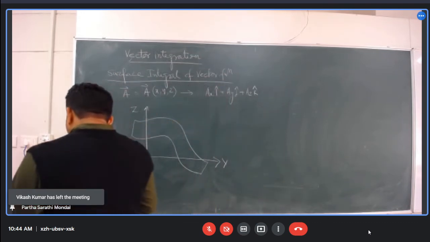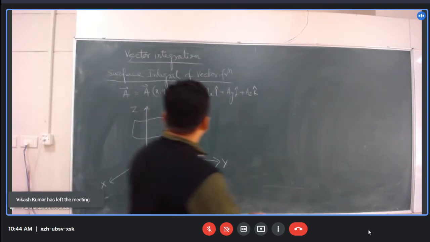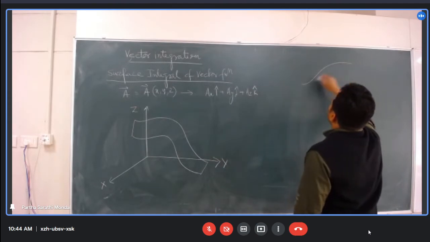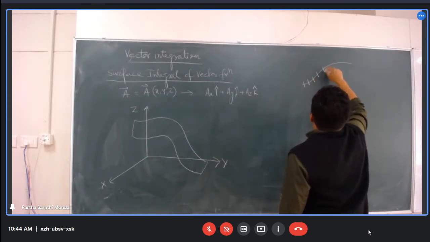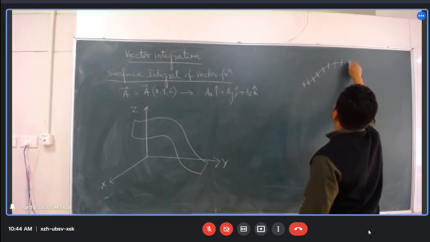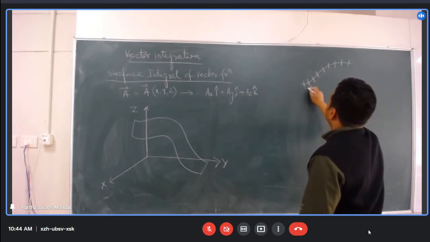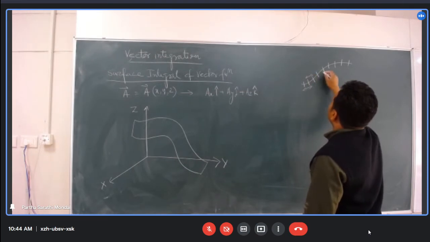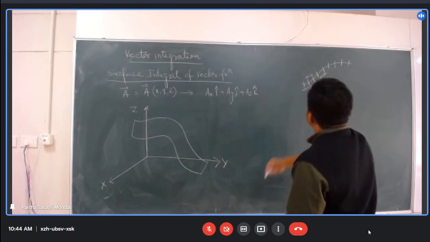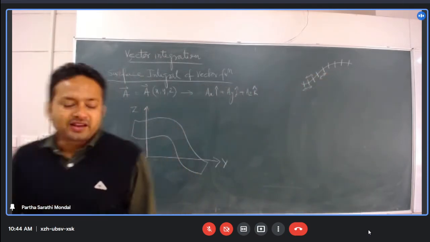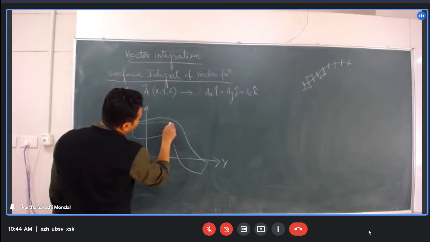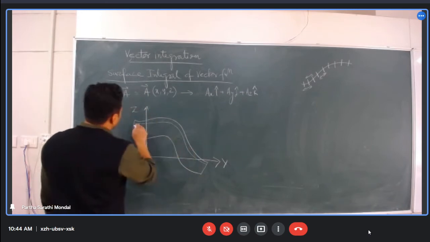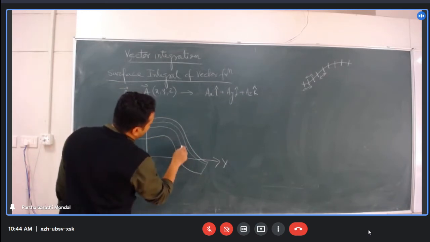So जैसे लाइन इंटीग्रल में हम लोग क्या किए थे, we divided the whole length into infinitesimal segments, जिसको हम बोल रहे थे infinitesimal length. और यहाँ पे आपको क्या करना पड़ेगा, you have to divide the whole surface into an infinite number of patches.